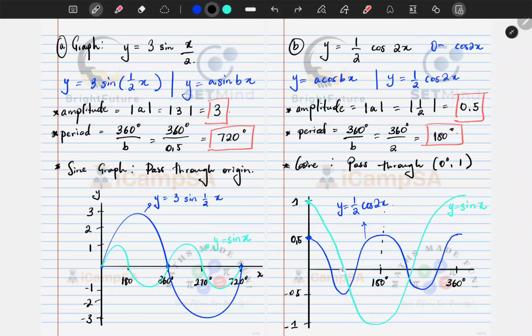This is gonna be your 90 degrees. It's 180. Then this, in fact, it should be 270. Yeah, this should be 180, and then this should be 270. So it means that even our graph, this one was supposed to turn here.